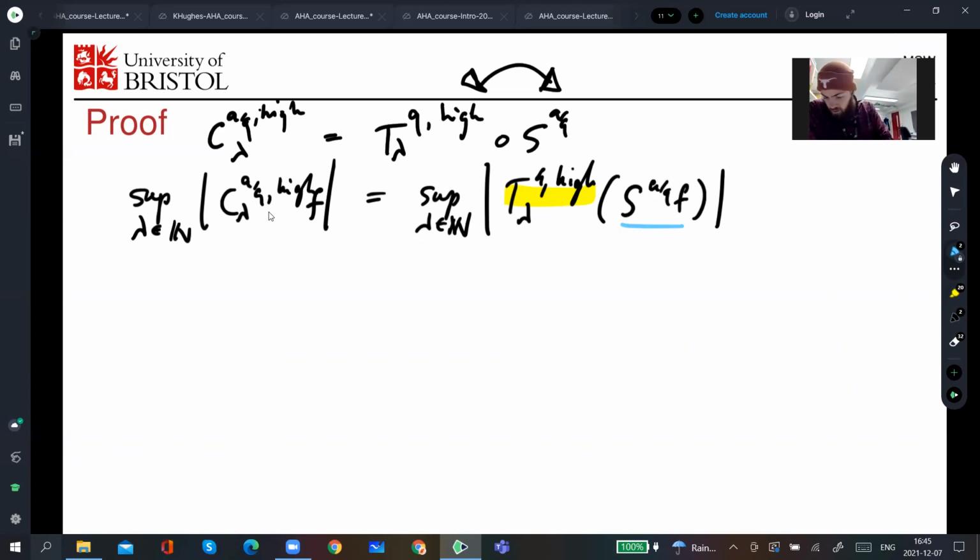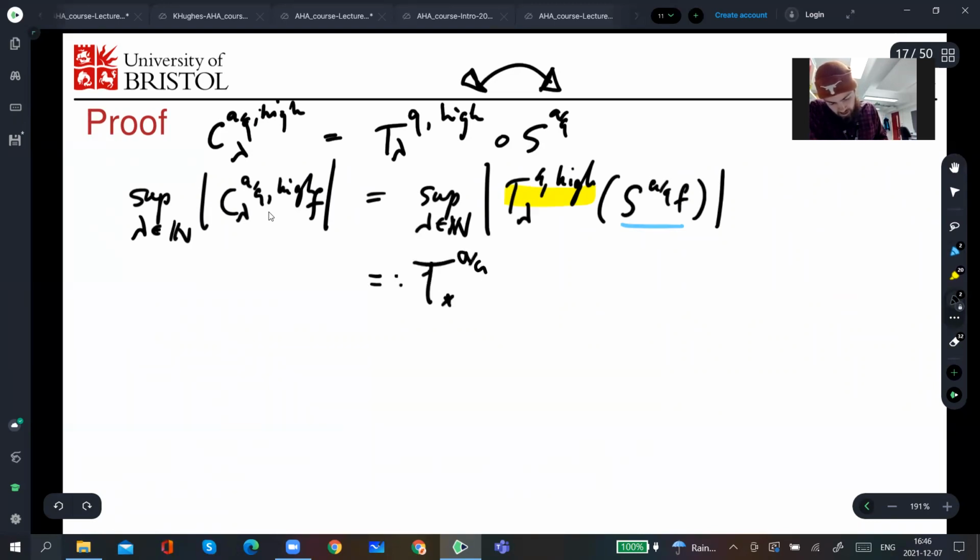Okay, so define this as T star Q high. And again, this is applied to the function S A over Q F.